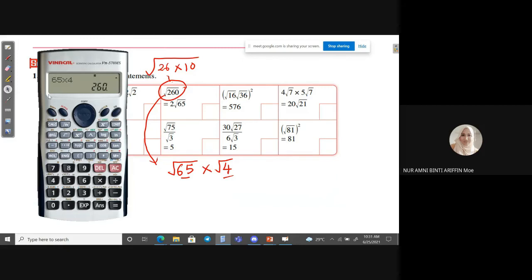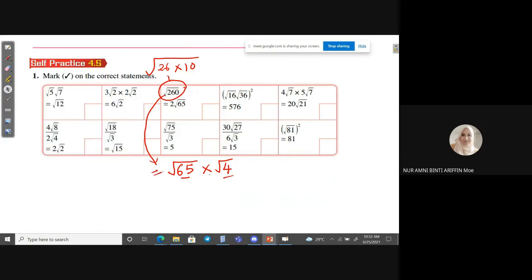You see here 65 times 4 becomes 260. So that's why it becomes square root of 65 times square root of 4. The square root of 4 is 2. So the answer is like this. So this answer is correct. Alright, this answer. Do you see?